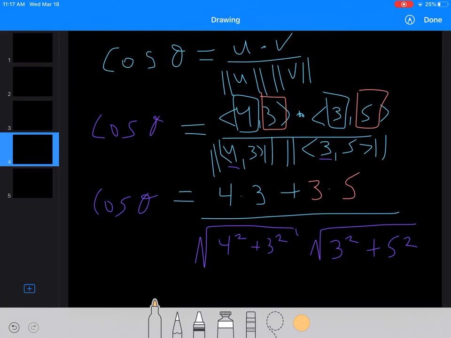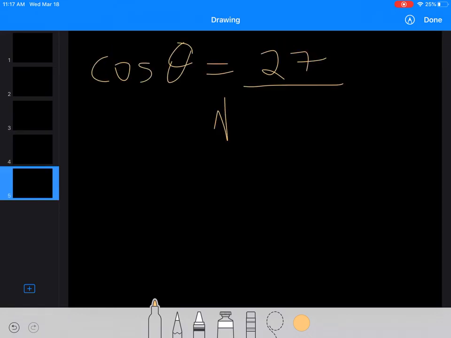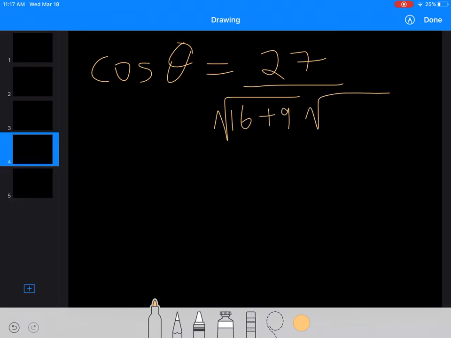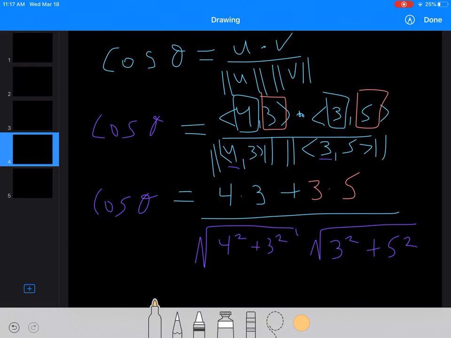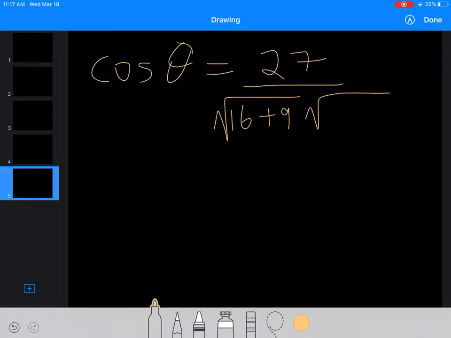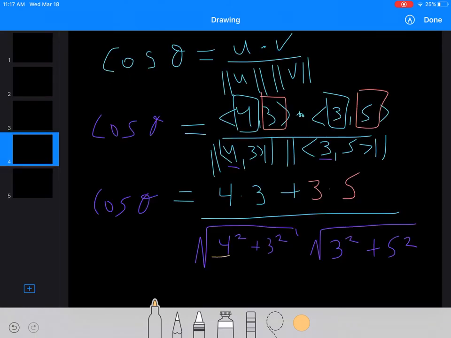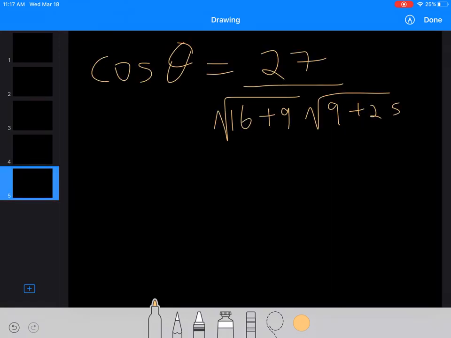This is going to be the square root of 16 plus 9, and this one's going to be 9 plus 25. Just double check that's good. So that's 16, that's 9. This is 9 and 25. This checks out. So let's simplify it up a little bit more.